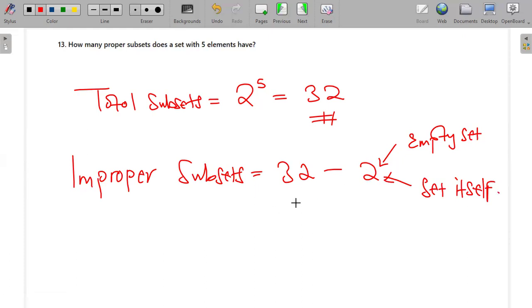So that would be 30. So the total number of proper subsets is just going to be 30, or whatever the total number of subsets you have, minus the two improper subsets. So in this case, we find 30 there.